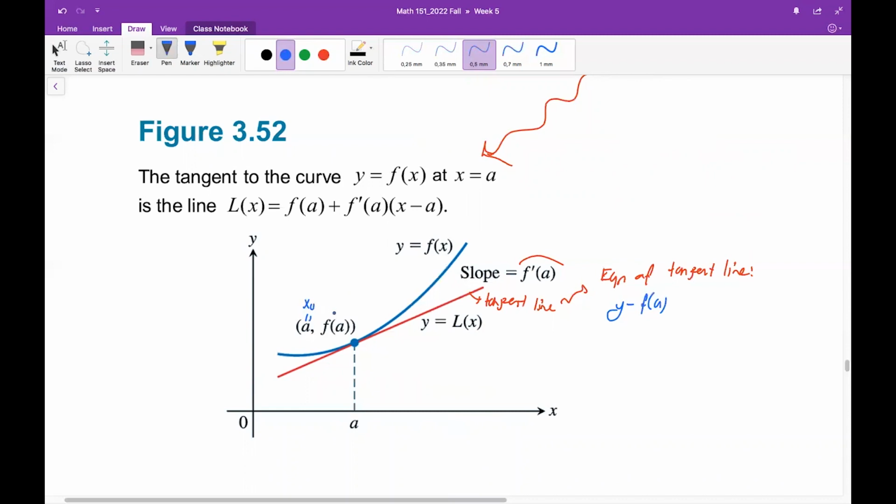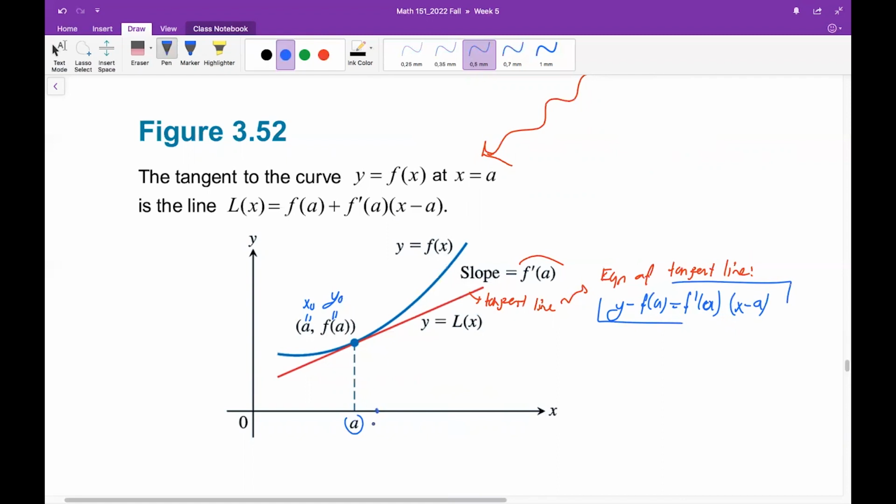This is the point x0 and this is the point y0 on our curve. Then on the right side, the slope is given as the first derivative of the function at this point a times x minus x0. This gives us the equation of the tangent line.